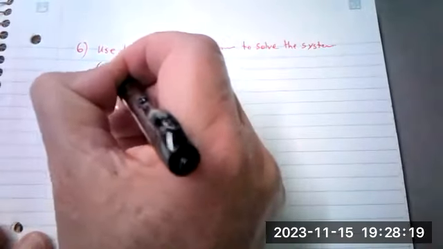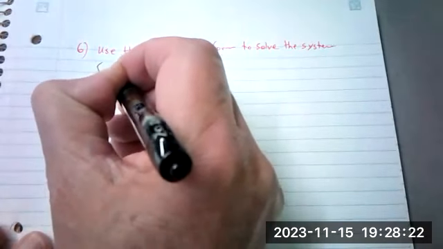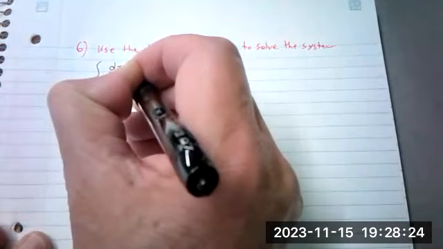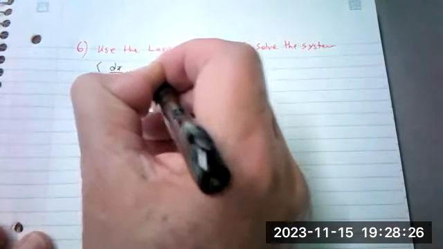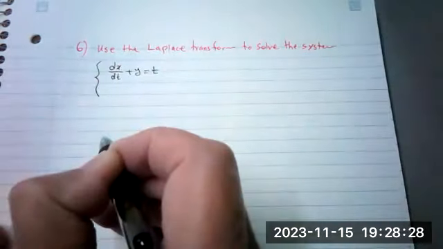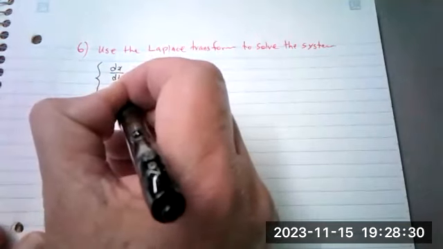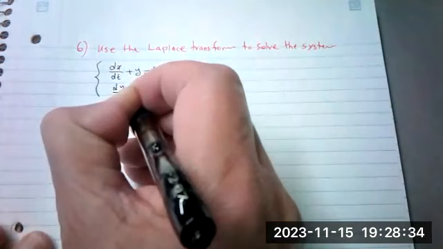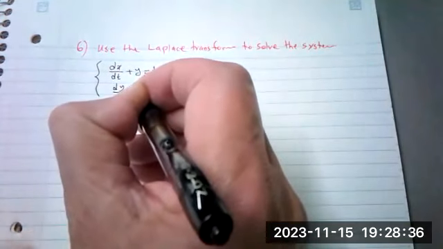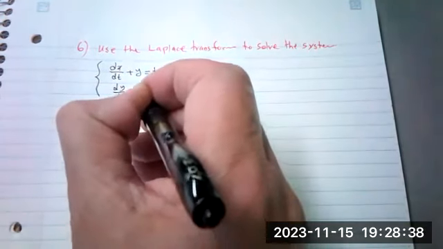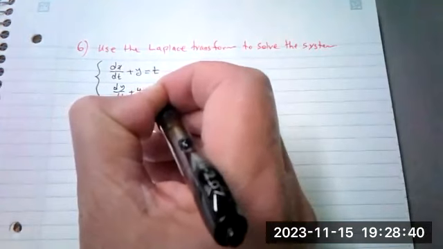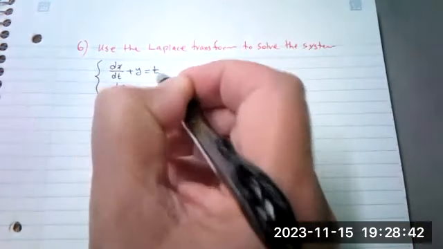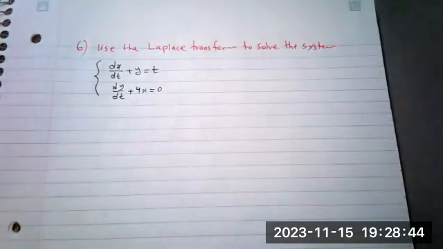The system is dx/dt plus y equal to t. That's the first one. And the second one is dy/dt plus 4x equal to 0. Remember, x and y are functions of t.